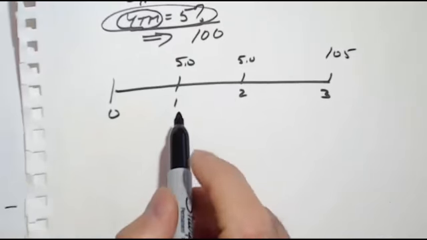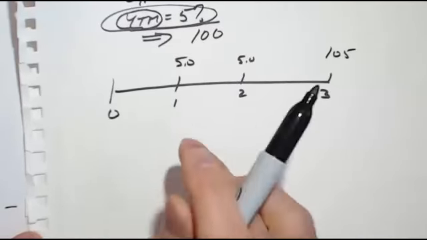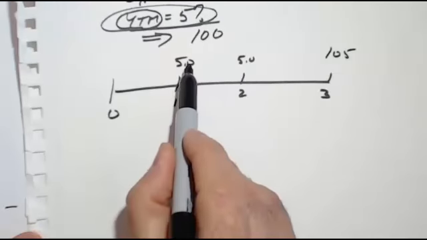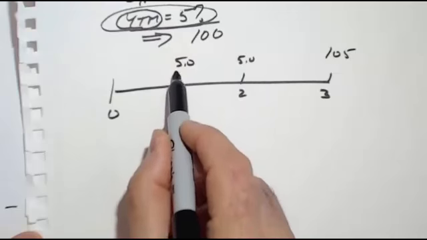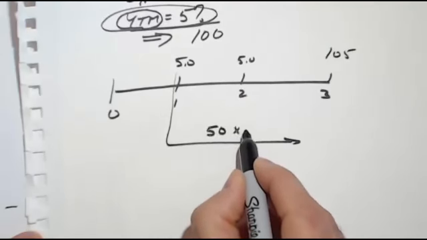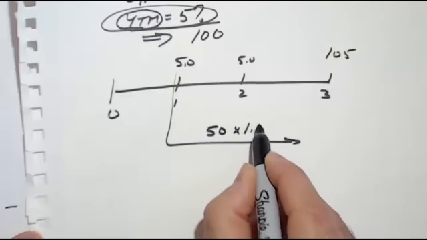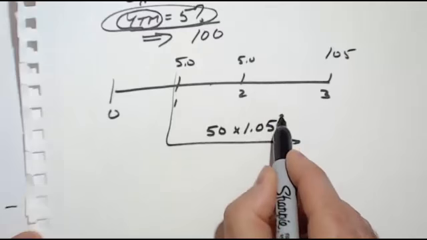But now we're looking at it from a slightly different context. We're saying, look, in order to earn that 5%, you have to reinvest these cash flows at 5%. So what I'm going to do is take this cash flow and grow it at 5% for 1-2 years.